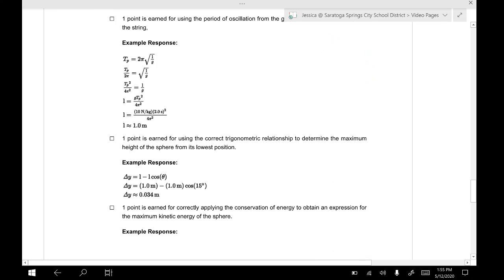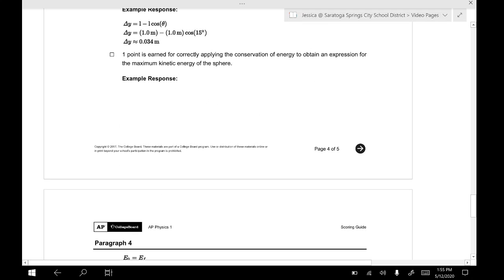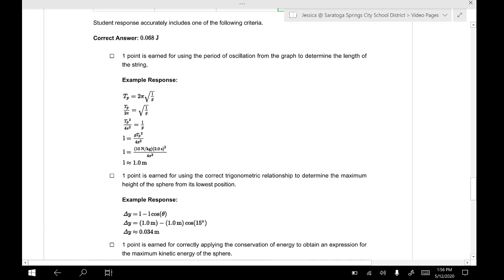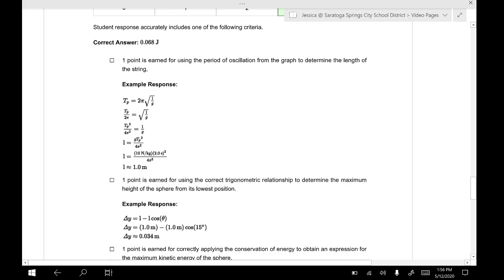maximum kinetic energy. Okay. So it looks like they went about this a little bit differently than I did. So let me walk you through what they did. They got a different answer than I did, and I'm wondering if mine would also be correct.